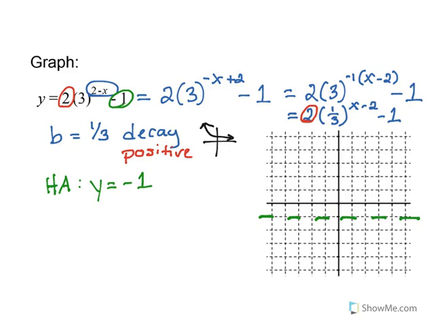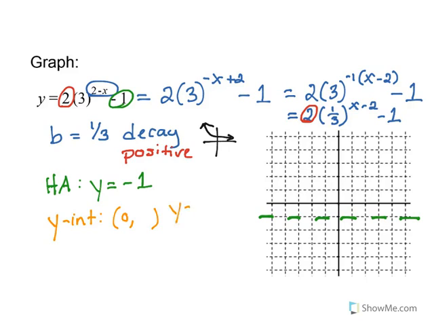Next up, I'm going to find the y-intercept. To find a y-intercept, all we need to do is plug in x equals 0. We can really do this from the original function or from the rewritten function. Because the base was originally a 3 instead of 1/3, I'm going to go back to the original; I think it'll be a little easier to evaluate.